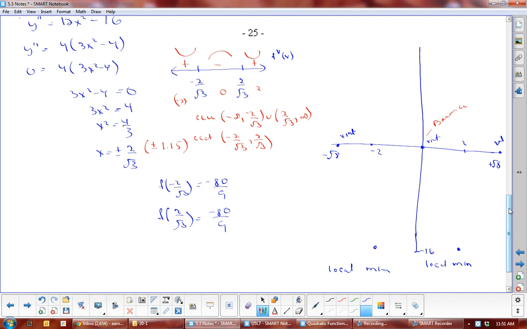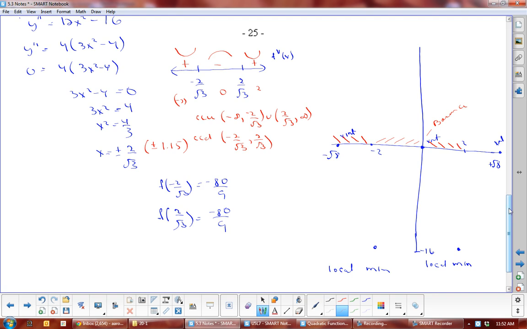I'm decreasing from negative infinity to negative 2. So I'm decreasing, so you can put decreasing like that. And then I'm increasing from negative 2 to 0. So it'll be like that. And then from 0 to 2, it should be decreasing again.